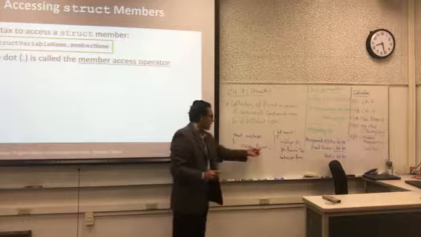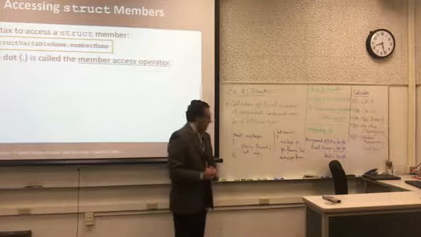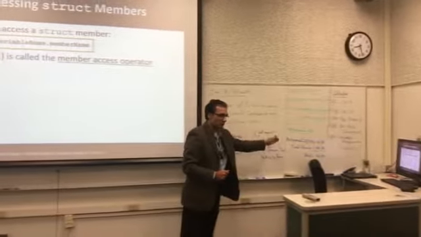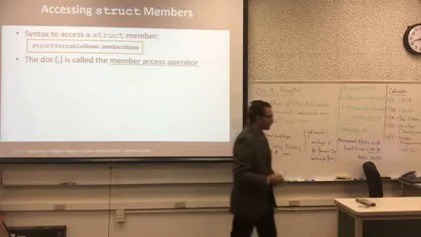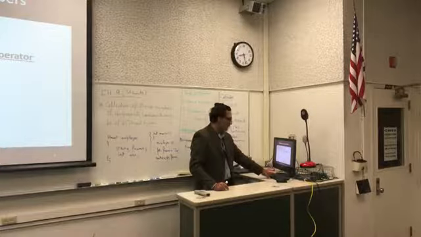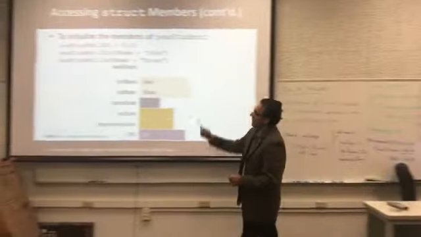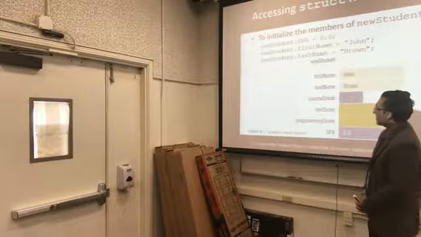What if this was an array? Same rules apply, and we'll do that. You can make an array here, or you can make an array over there. So we'll actually go through that exercise together in a few minutes. Okay, so the dot operator will allow you to access the members of the data structure. And just like over here, we created a new student.